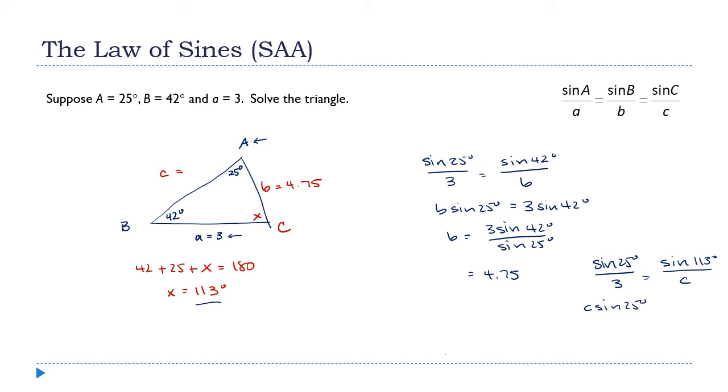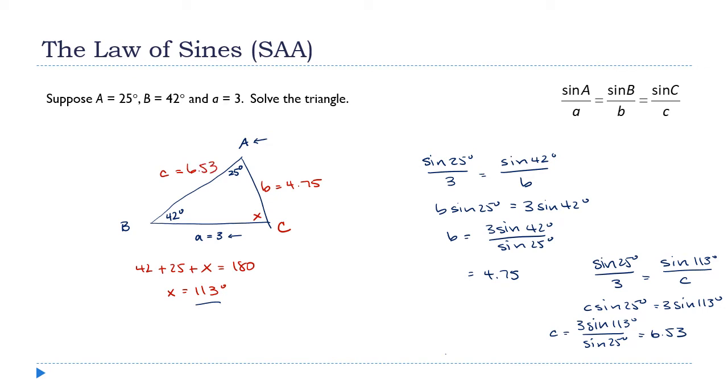C sine 25 is 3 sine 113. And then divide. C is equal to 3 sine 113 divided by the sine of 25, which my calculator says is 6.53.